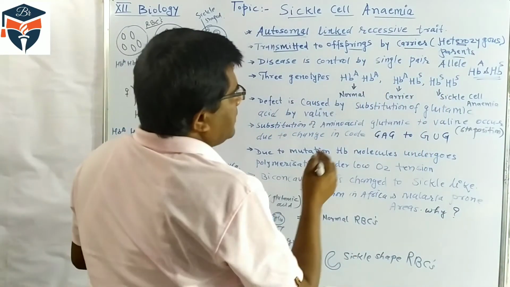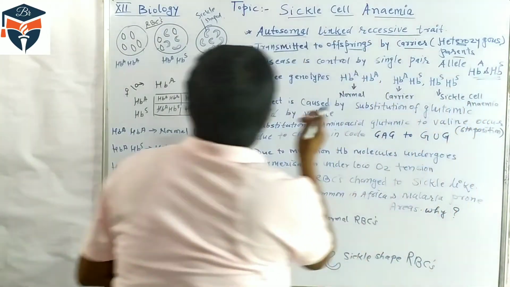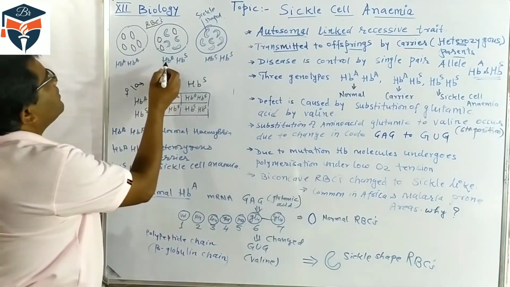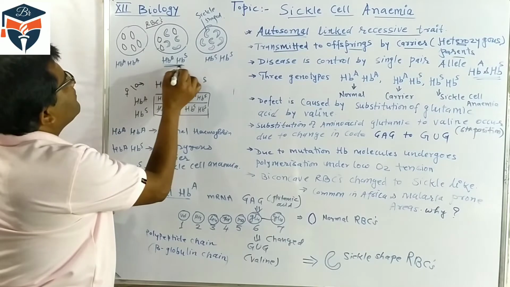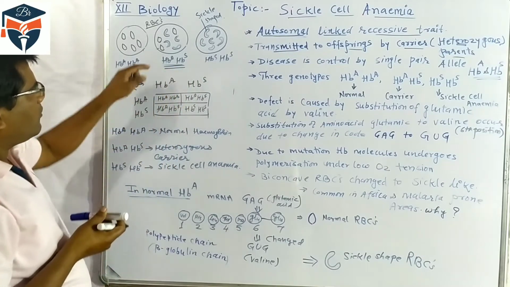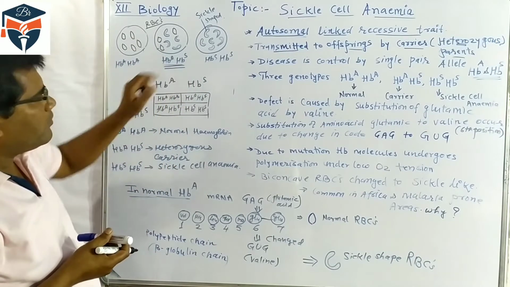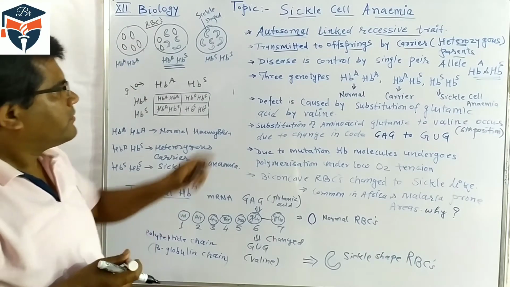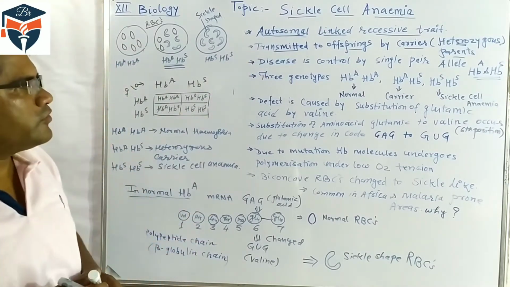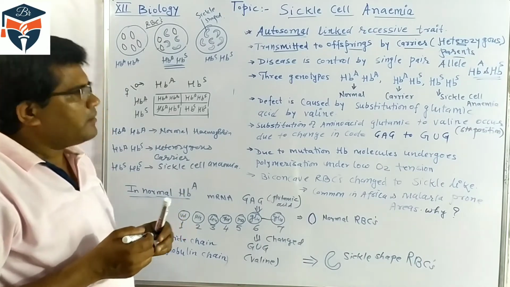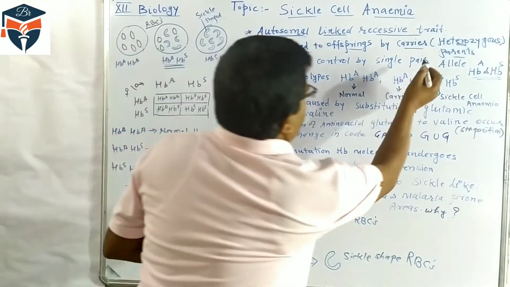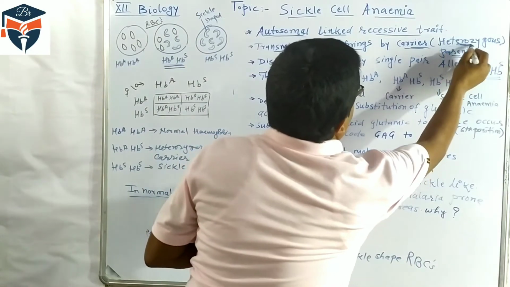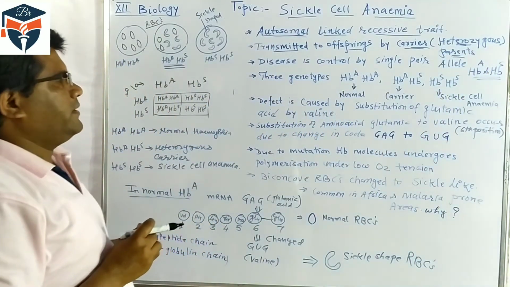Later we are discussing the heterozygous parent, which is a parent having the hemoglobin A gene and the hemoglobin S gene. So transmission of the disease takes place by a carrier or heterozygous parent.